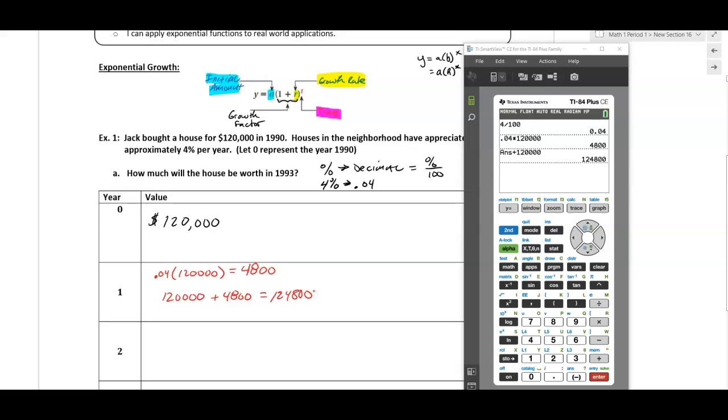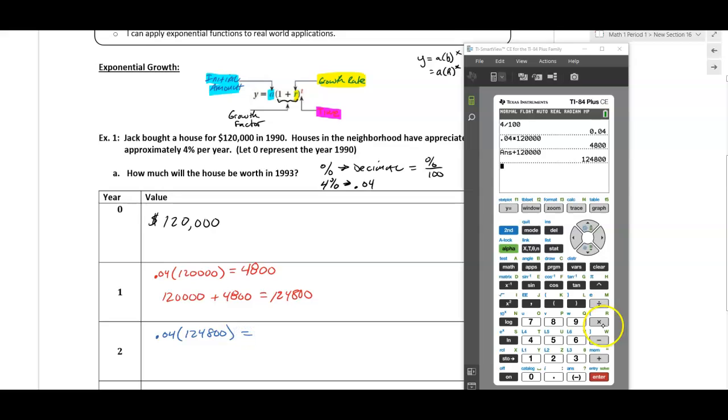But now when you go to the second year, it goes up another 4%. What you have to understand is that the next round, it's going to go up 4% from the current value, which is 124,800. So for the second year, we take 0.04, and we're not going to multiply it by 120,000. We're going to multiply it by 124,800.